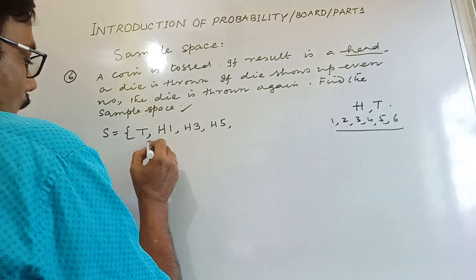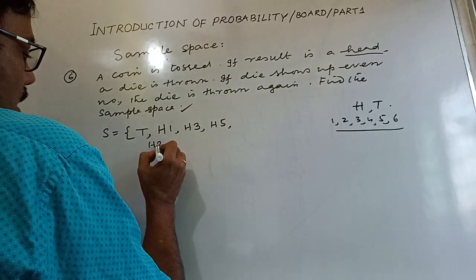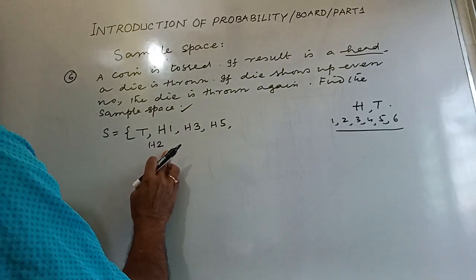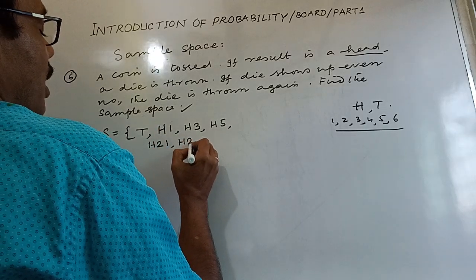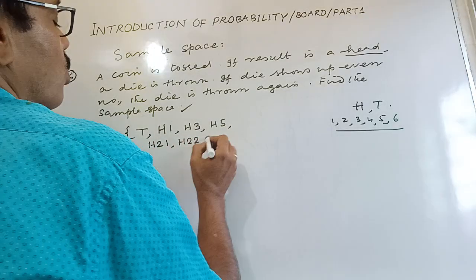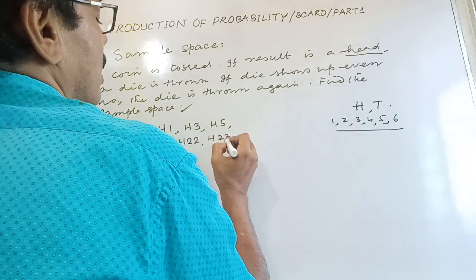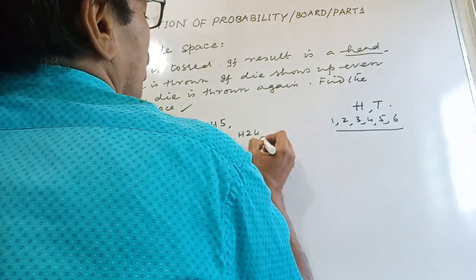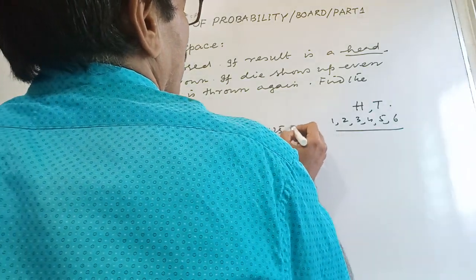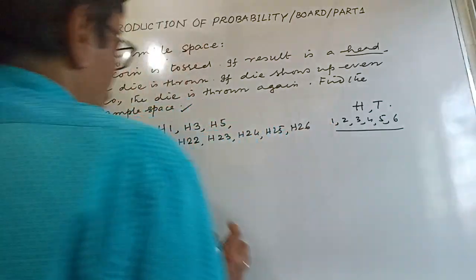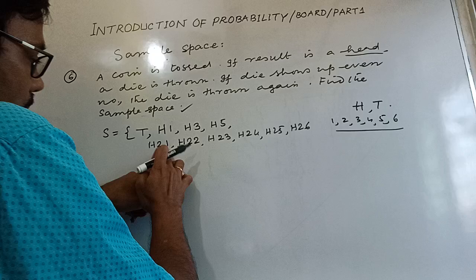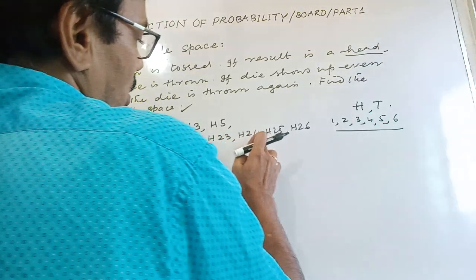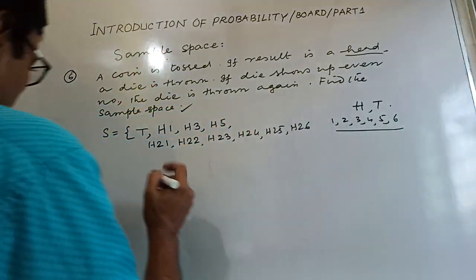So head, then even number. If it is even, then a die is thrown. So you may get H21, H22, H23, H24, H25, H26. Why? Even number, then a die is thrown, and it may be 1 or 2 or 3 or 4 or 5 or 6.